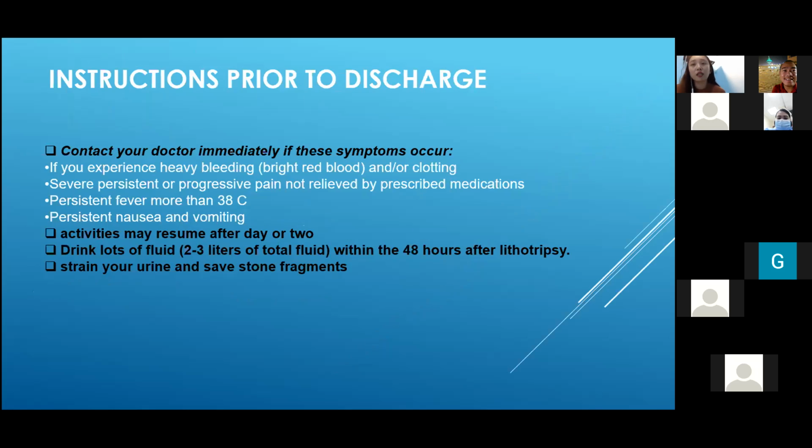And here are some instructions prior to discharge. We will instruct our patients to contact the doctor or us at the reception if they experience heavy bleeding or bright red color or clotting. Severe or persistent progressive pain not relieved by medications.